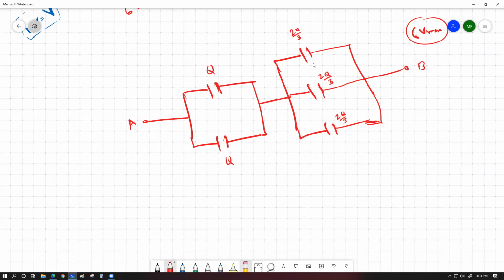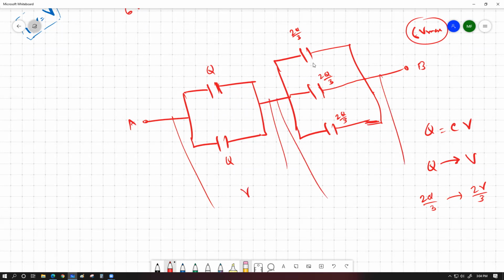Now have a look. The idea is that Q equals CV. C is the same for all of them, which means if for Q charge stored we have a voltage of V, then for 2Q by 3 charge stored we're going to have 2V by 3 volts. So this part of the circuit should have V voltage across it.